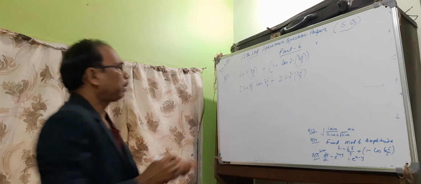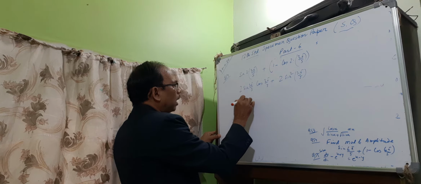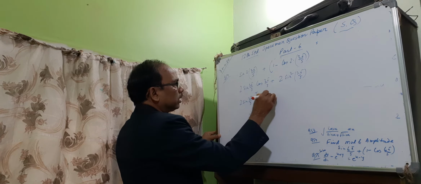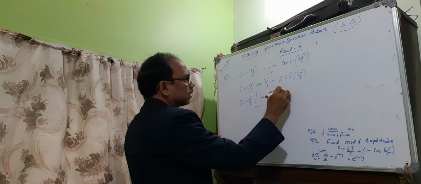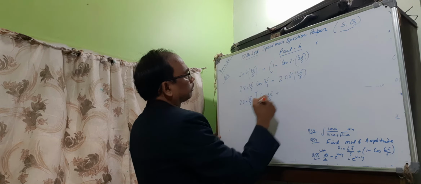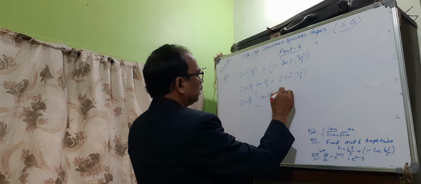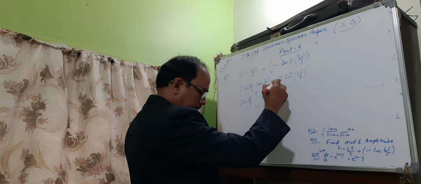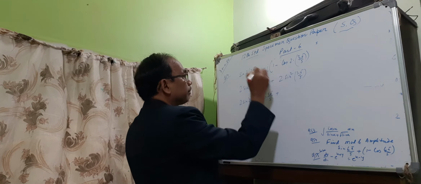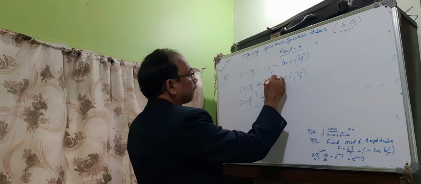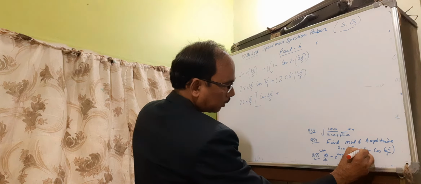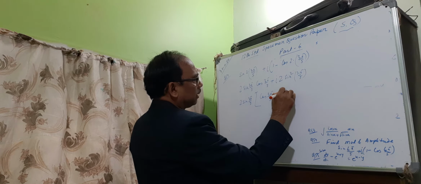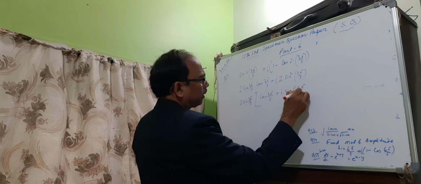Now 2 sin 3 pi by 5 is common. That is cos 3 pi by 5 plus i sin 3 pi by 5, times 2 sin 3 pi by 5.